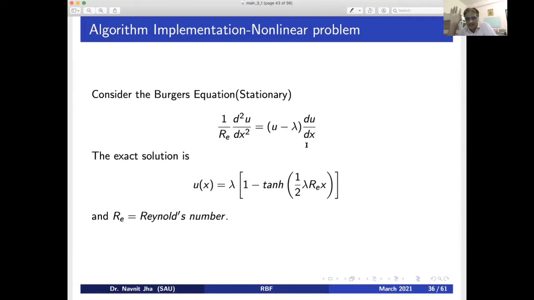Re is basically the Reynolds number. You are probably familiar with the character of turbulence; this is due to a high value of Reynolds number. So the big challenge is how large a Reynolds number you can take so that your algorithm still works. This is a big challenge.